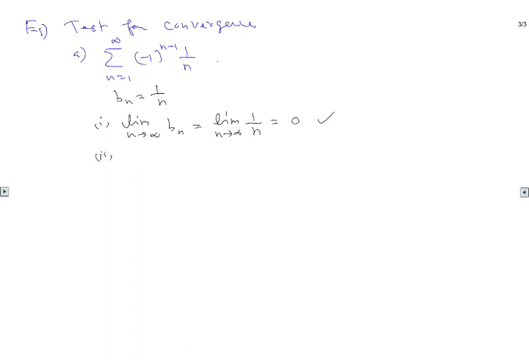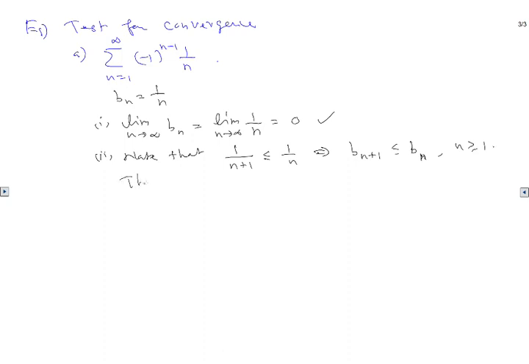What's the second one? Decreasing. Note that 1/(n+1) is less than or equal to 1/n. That means Bn+1 is less than or equal to Bn, in this case for all n.